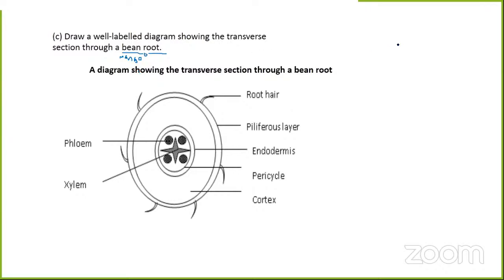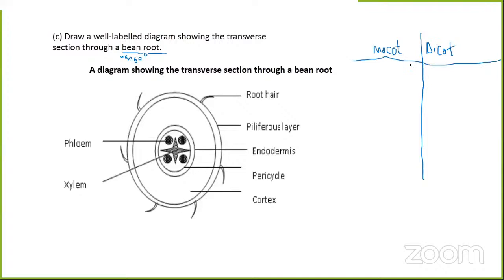So how do you know a dicot? Let me write here dicot to represent dicotyledonous plant, and then on this side let me put monocot. Of course, with biology you write the whole word.